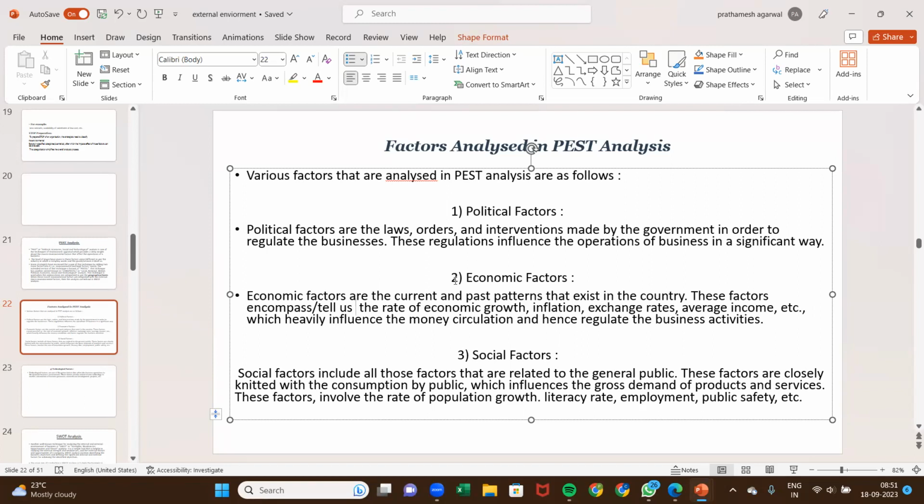How is the circulation of money? Is there inflation? Is there stagflation? And hence regulate the business activities. Regulate means they control the business activities.